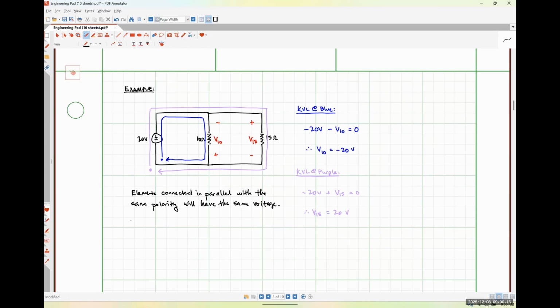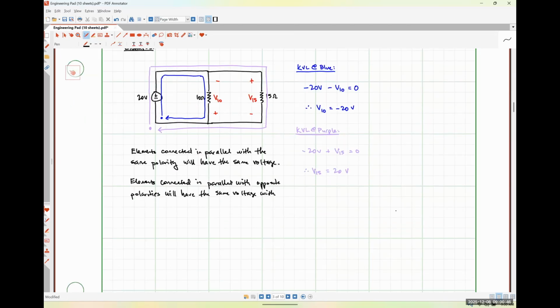Elements connected in parallel with opposite polarities will have the same voltage with opposite signs.